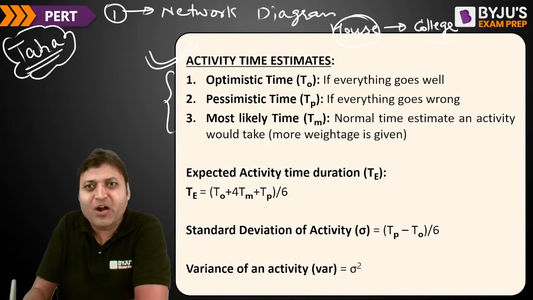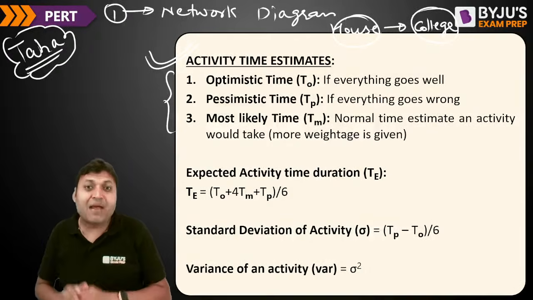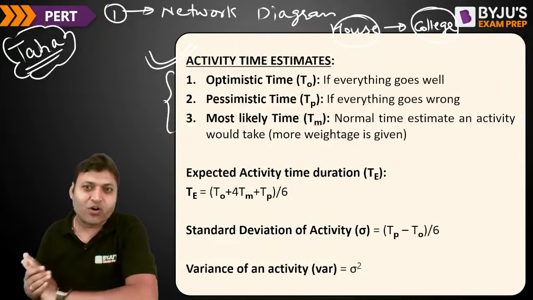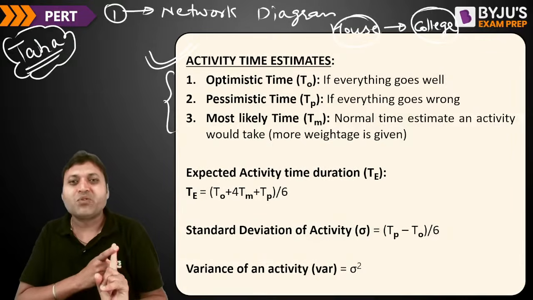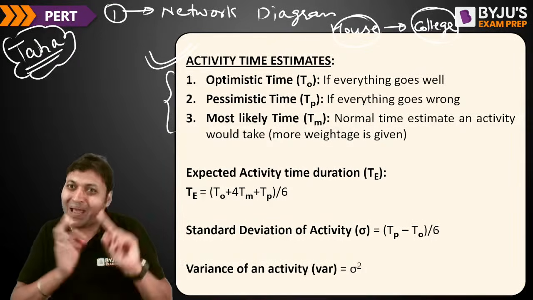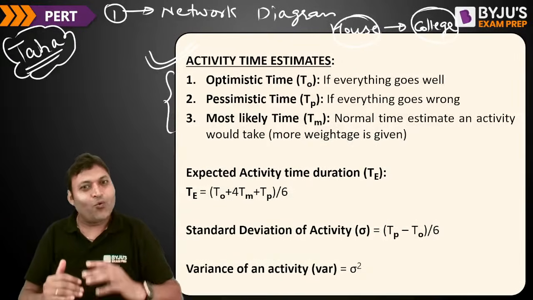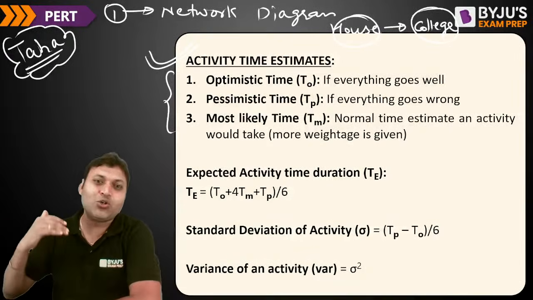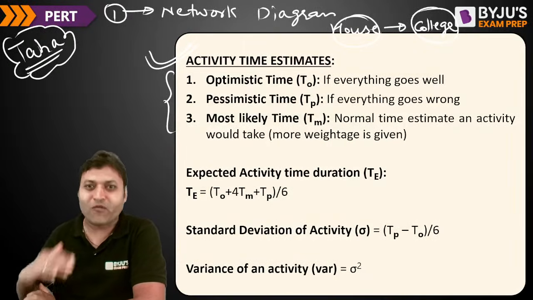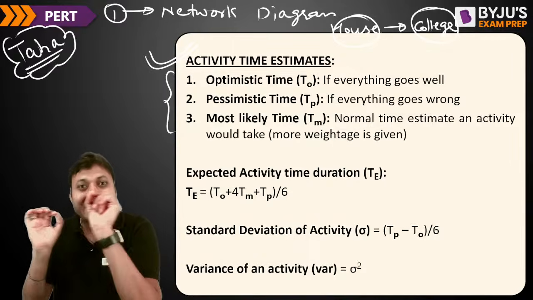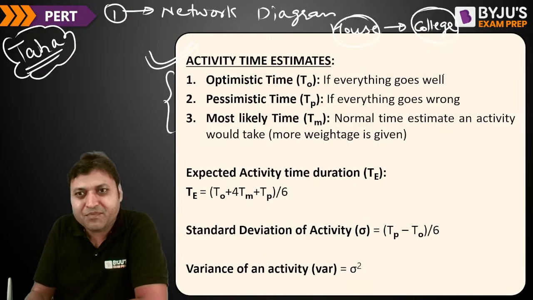If I ask you what is the optimistic time to reach your college from your house, it means when there is no traffic, no red light, no kind of hurdle during your journey, when the traffic is very smooth and you are not supposed to apply the brake to your vehicle, then you will reach your destination in the minimum possible time.